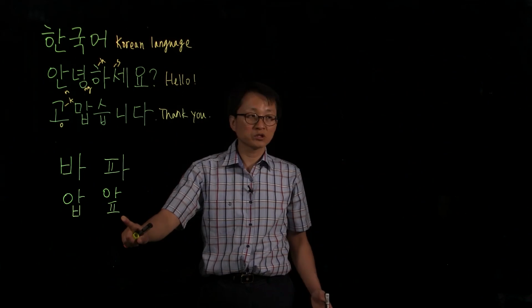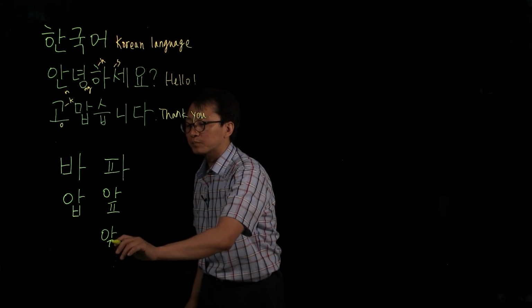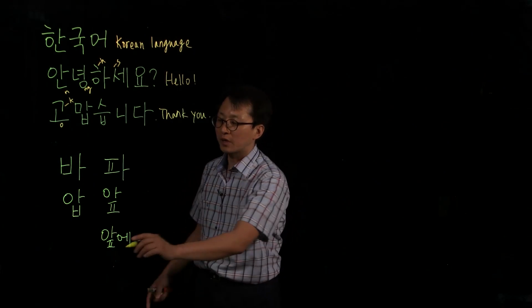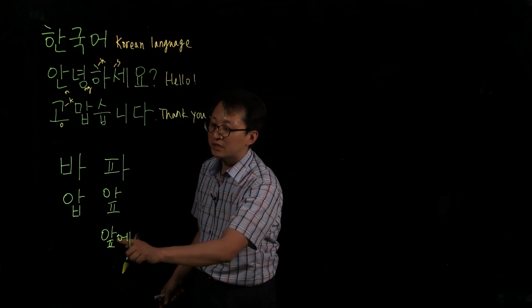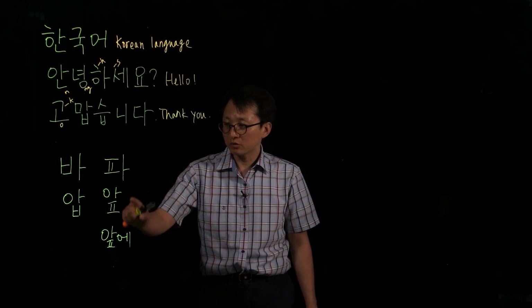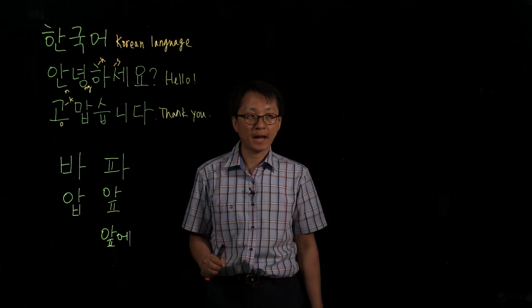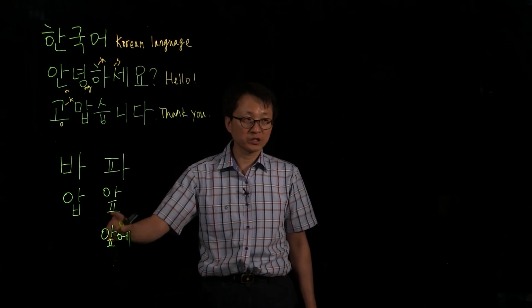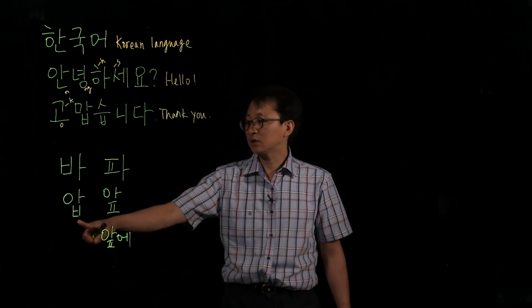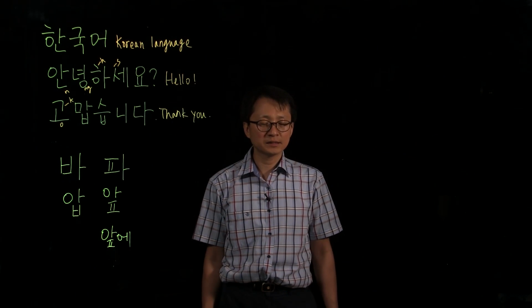And this one is also up. When it is followed by another syllable, ape, then you can release it because of the following vowel. But when it is pronounced by itself, it is just up. So they are not distinguished if you pronounce just this one syllable. If you ask a Korean person to pronounce this and this one, it is the same way, up and up. Does it make sense?